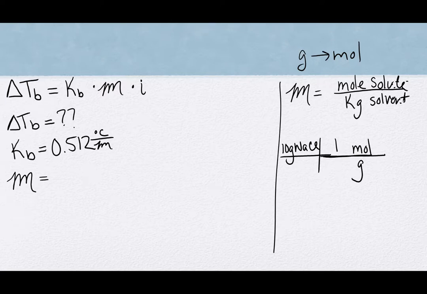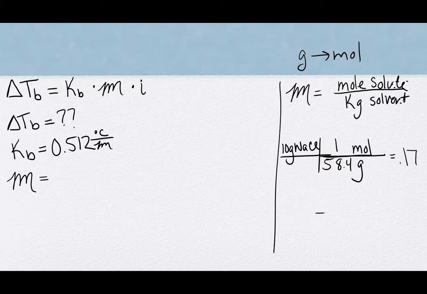So we add those two numbers together, 22.9 plus 35.5, and the molar mass for sodium chloride is 58.4. Multiply across the top, divide by the bottom. So 10 times 1 divided by 58.4 equals 0.17. Okay, so that's the number of moles.